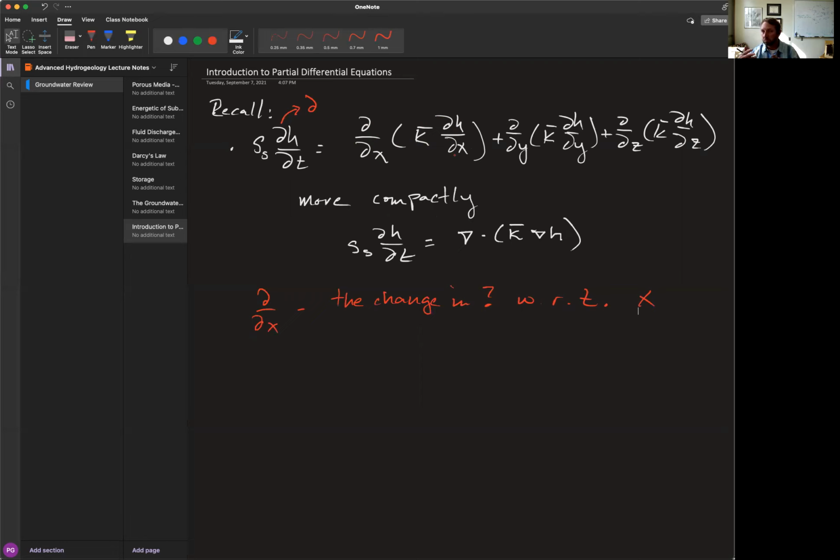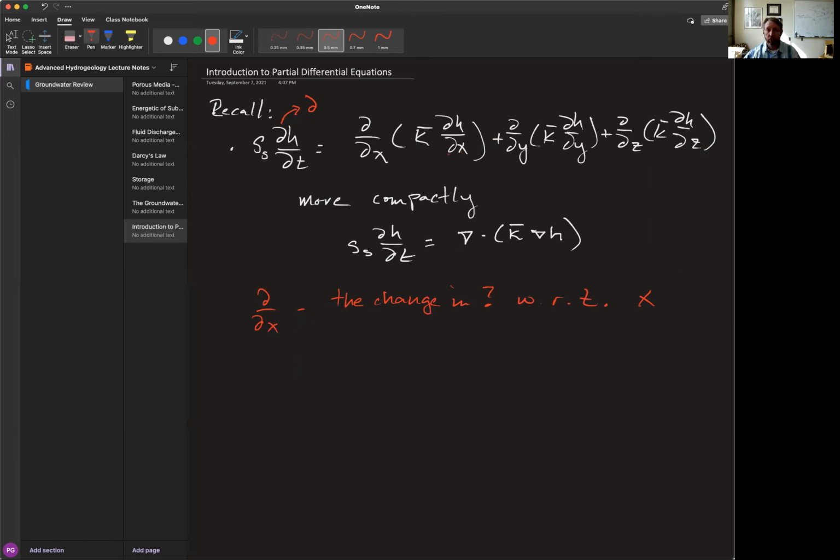So this operator right here says the change in head with respect to x. From the very simplest point of view, it's the slope of the head in the x direction right at a particular point. The key of a partial differential equation is that it incorporates these differentials in different dimensions. So here we have dimensions of x, y, z, and t.